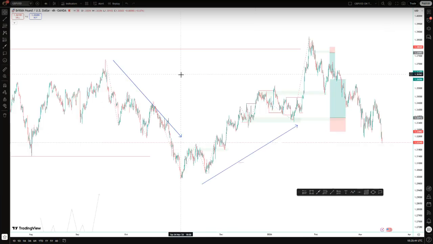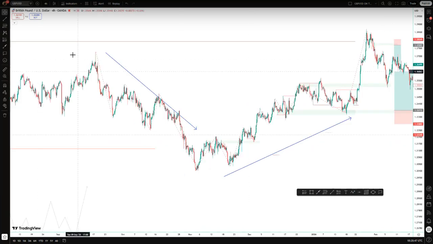I hope you guys are seeing something. It was bearish here, creating new lows and new lower highs, lower lows, lower highs, lower lows. And then at a certain point, the direction changed. It moved from a lower low to create a new higher high, then higher low, higher high, higher low, and all that.